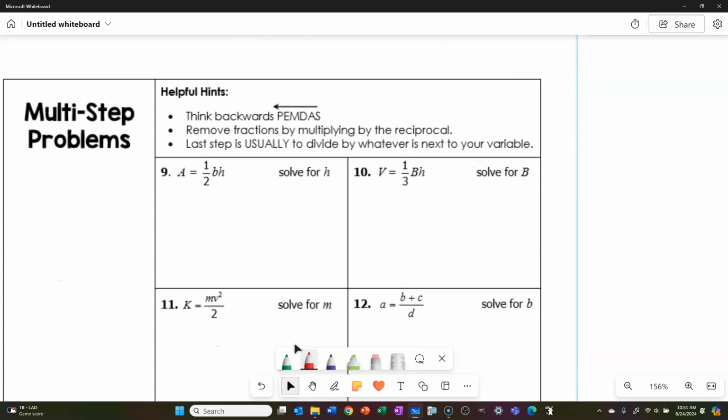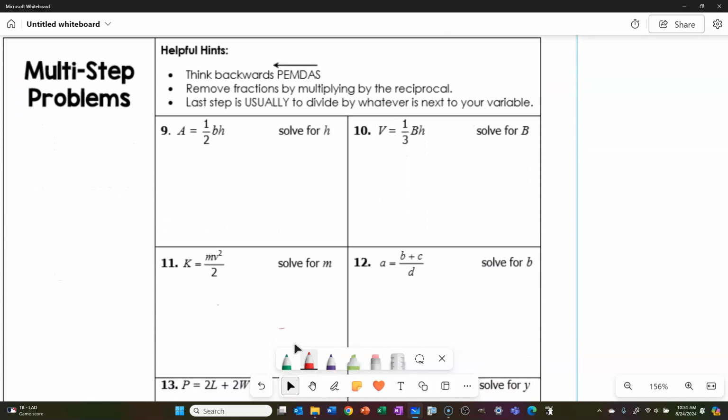What if we have more than one step? Well, you're going to think backwards of your PEMDAS. We have the parentheses, exponents, multiplication and division, then addition and subtraction with PEMDAS, if you've learned it that way. But we're going to go backwards. We're going to start by undoing any addition and subtraction. Then we'll undo our multiplication and division.